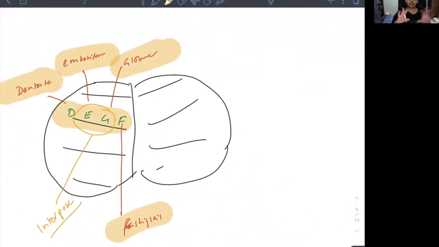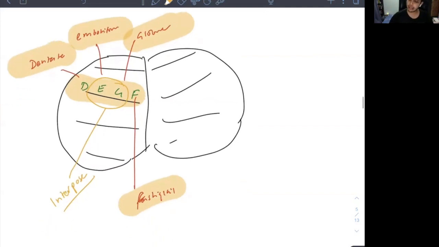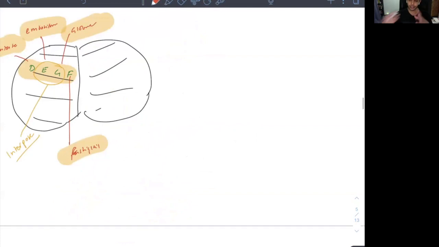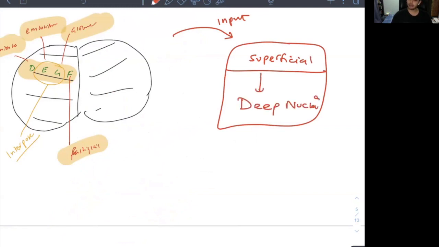So this is just a little bit about the anatomy of the cerebellum, and the basic structure is that in the cerebellum, the input will come from here. It will go to the superficial part, and from the superficial part, it will go to the deep nuclei, and from the deep nuclei, there will be an output. Okay, so roughly, this is the structure of the cerebellum.